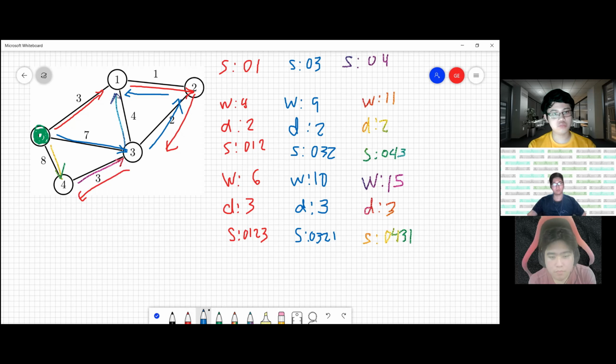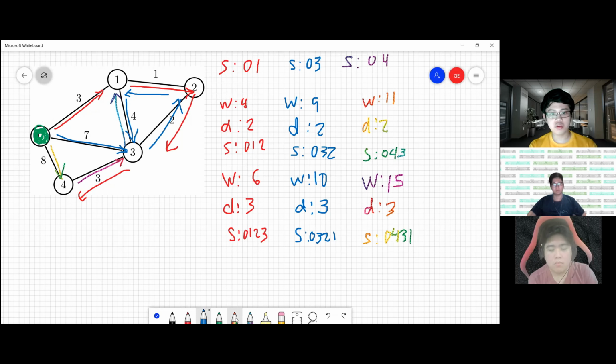And for blue, one of the rules is the information shouldn't go back to the starting node if it hasn't traversed all the nodes yet. So for blue, we could redirect it from 1 to 3. We cannot do this because it hasn't traversed node 4 yet. So we have to put blue there.